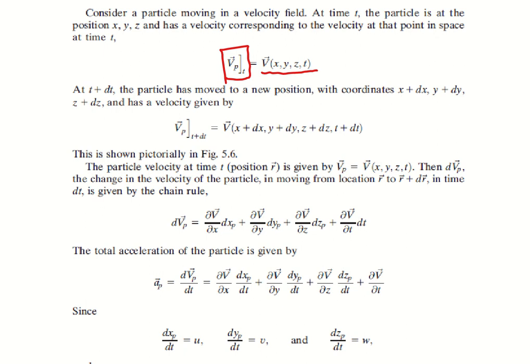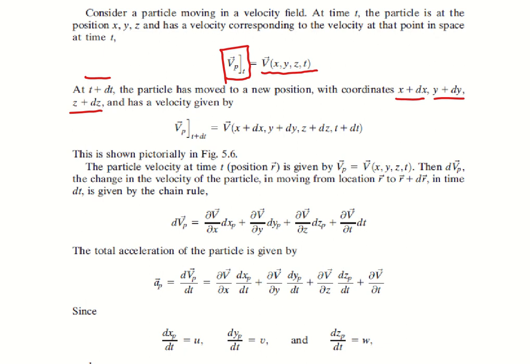At time t plus delta t, since dt by definition is an infinitely small time, that same particle has moved to another location whose coordinates are now x plus dx, y plus dy and z plus dz. Right.